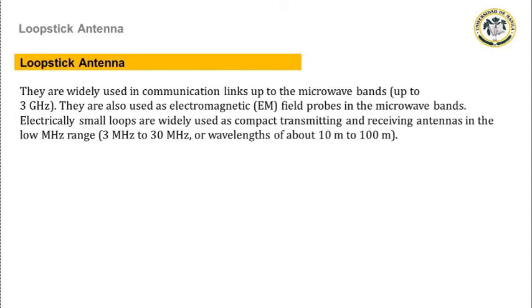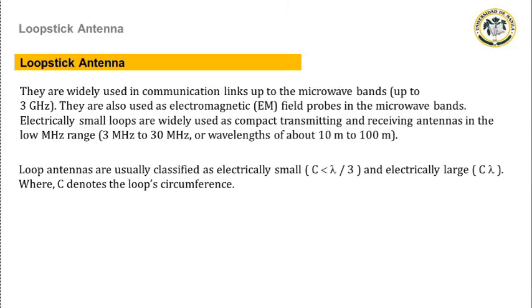Electrically, loops are widely used as compact transmitting and receiving antennas in the low megahertz range, 3 MHz to 30 MHz. Loop antennas are usually classified as electrically small, C less than lambda over 3, and electrically large, C about lambda. Here, C denotes the loop circumference.